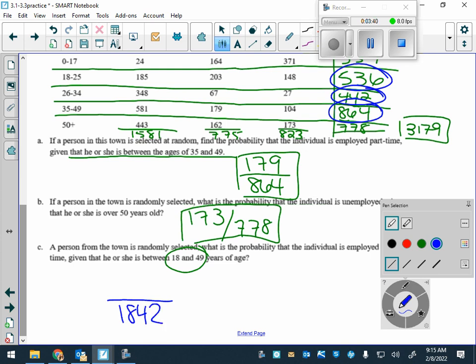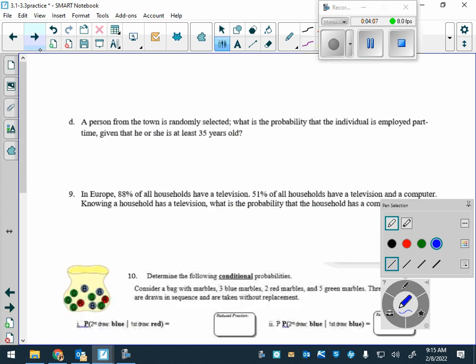And then how many of those are employed full-time? Let's go to full-time, 185 plus 348 plus 581 gave you 1,114, which reduces to what Kip said, 557 over 921. Excellent.